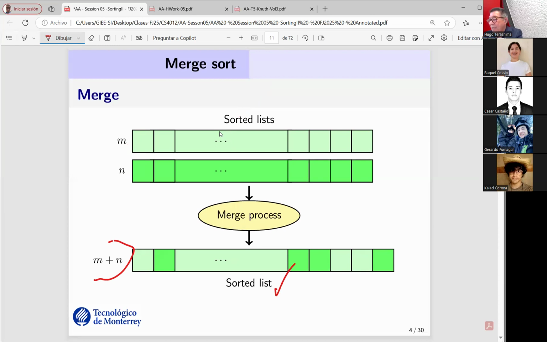So what you basically do in the merge process is you take this element and you compare. Let us suppose that the element in M is less than the element in N, so this element is going to come here. And then continue this, there's a comparison there.